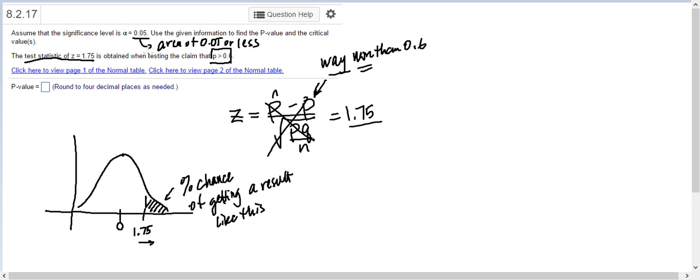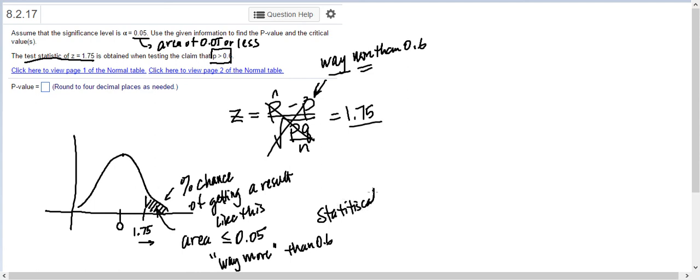So we're basically seeing how far I can push this line over until this area is less than or equal to 0.05 for me to be able to say that it is, we'll keep using my words, way more than 0.6, or what we would say is statistically significant. And I misspelled statistically there. So that's what we have to do.